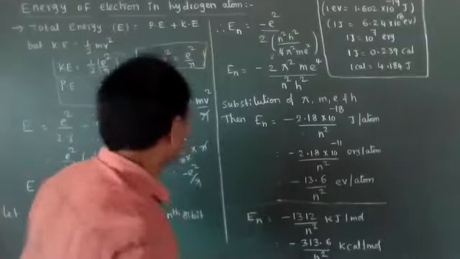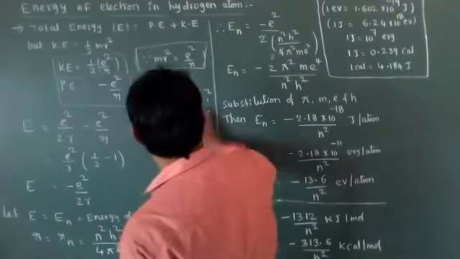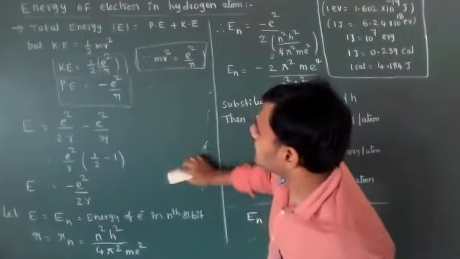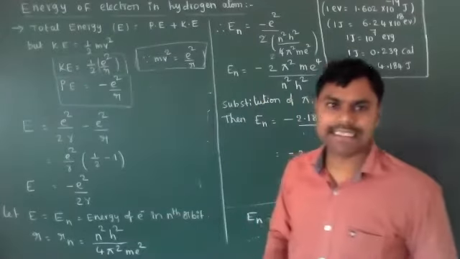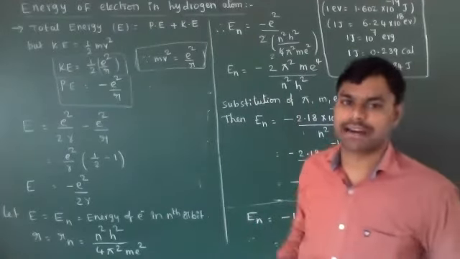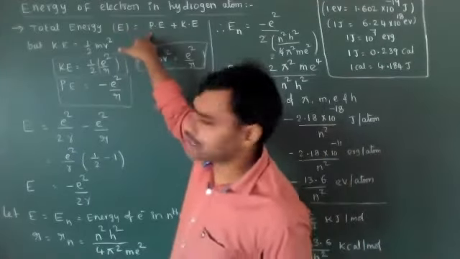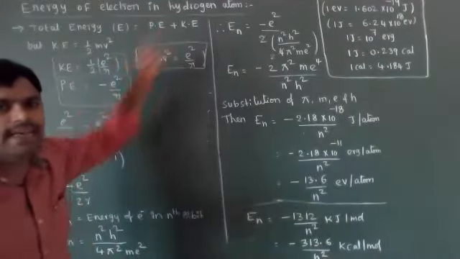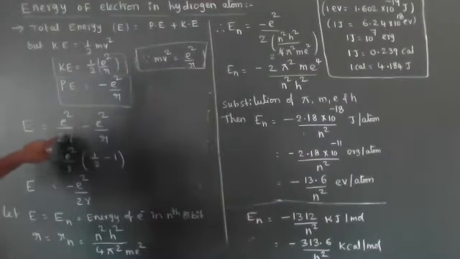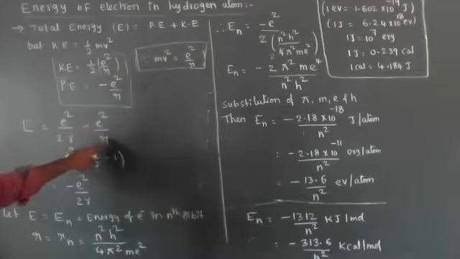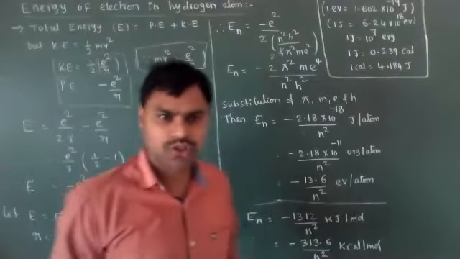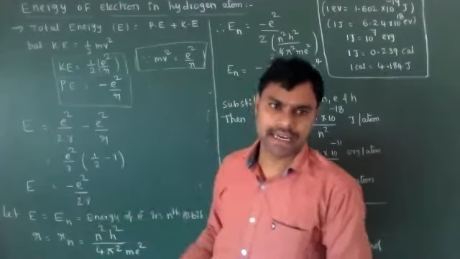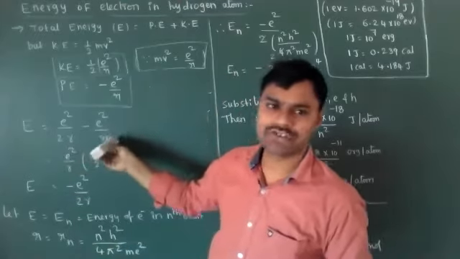So we know that the kinetic energy is equal to e square by 2r, and the potential energy is equal to minus e square by r. Substitute both in the total energy: the total energy is the sum of the potential energy plus kinetic energy. Then e square by 2r plus minus e square by r; plus into minus is minus, which is why I wrote minus directly. e square by 2r minus e square by r.